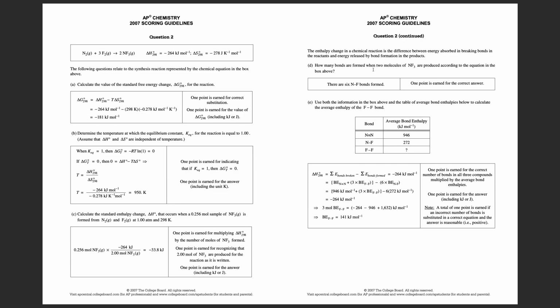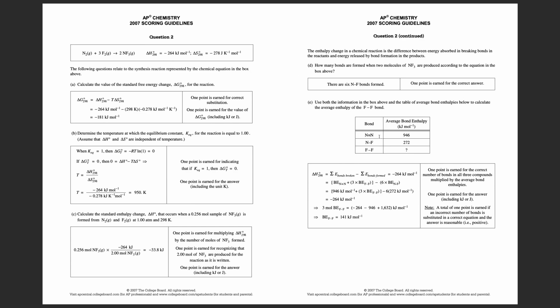Over here, 6 NF bonds in 2 molecules. If you draw out a Lewis structure for NF3, you have 1 nitrogen and 3 fluorine atoms connected together by individual bonds. So 6 NF bonds would be in 2 molecules.